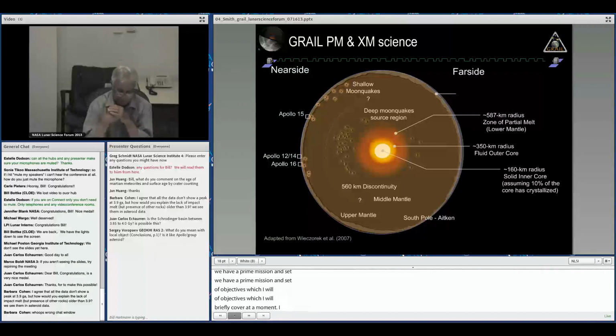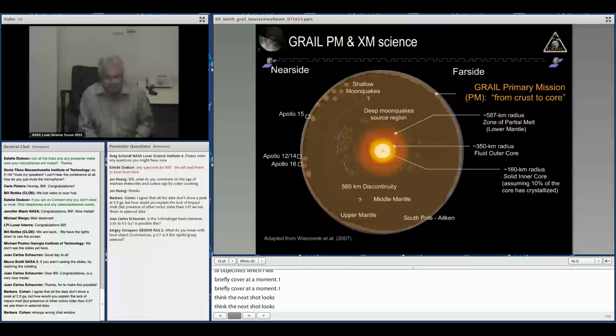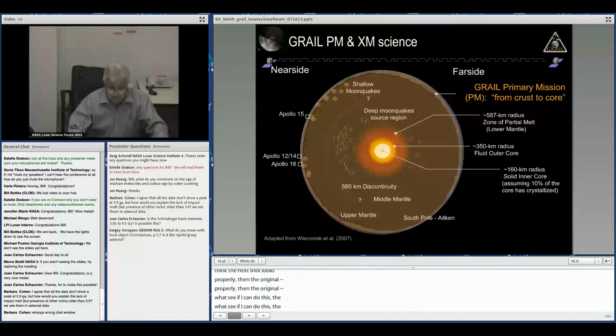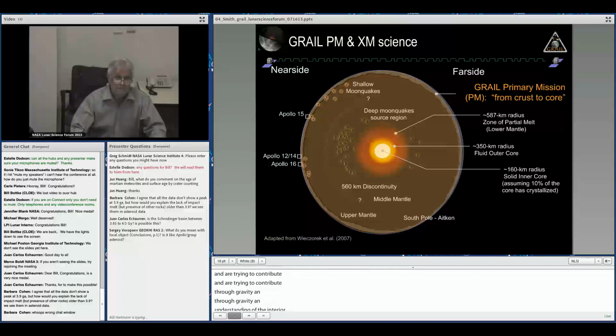The prime mission objectives had this rather broad statement, from crust to core, and it is true that we did and are trying to contribute through gravity to our understanding of the interior of the moon, from the core right to the actual crust of the moon.